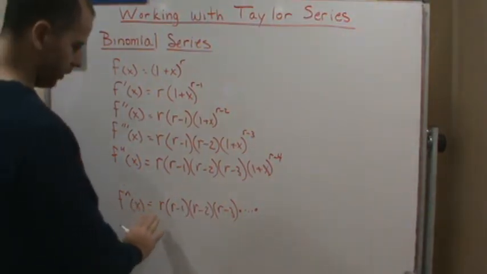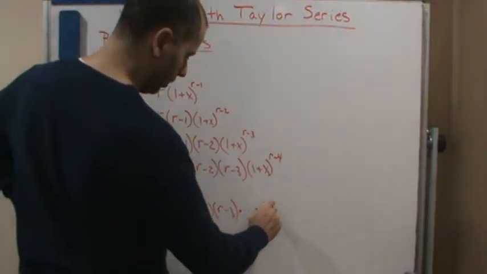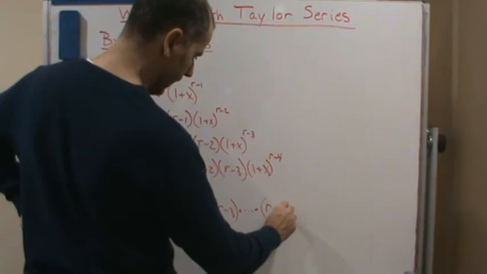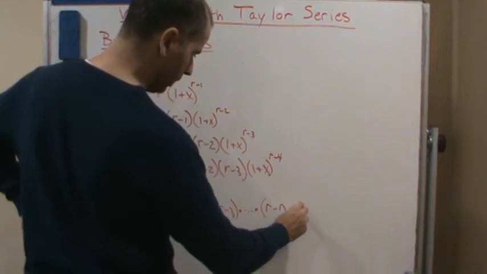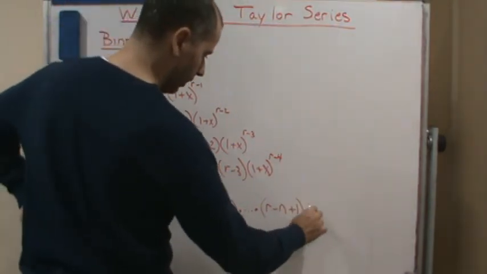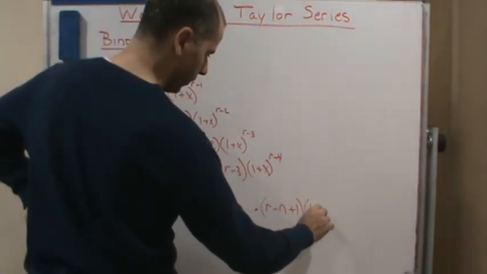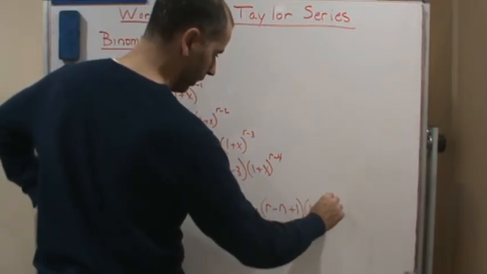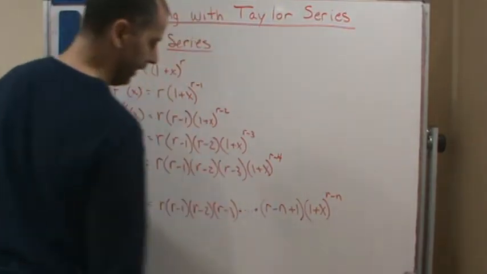So this goes all the way to r minus n, plus 1, and then the last factor is 1 plus x to the r minus n.